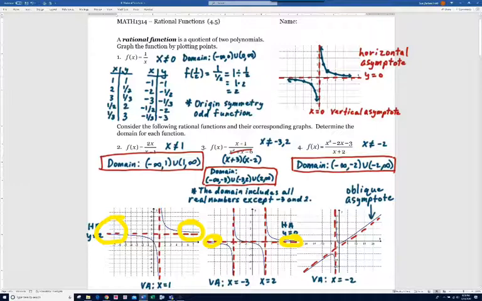And the same is true with oblique asymptotes. So when you're dealing with horizontal or oblique asymptotes, they really indicate what's going on in terms of end behavior.